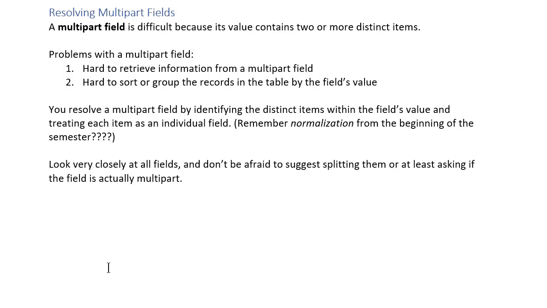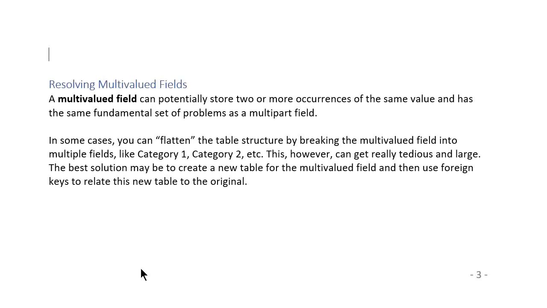And so as you're building this, you'll see that when you're entering the data, whether something will be multi-part or not. But you shouldn't be afraid of splitting them out, or at least asking if the field is actually multi-part. Similar to multi-part is multi-valued fields, and you should avoid those as well.